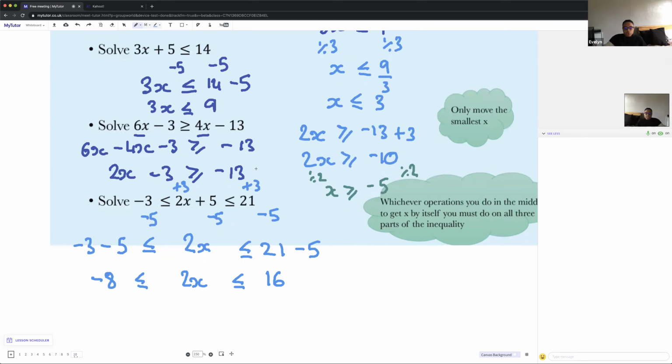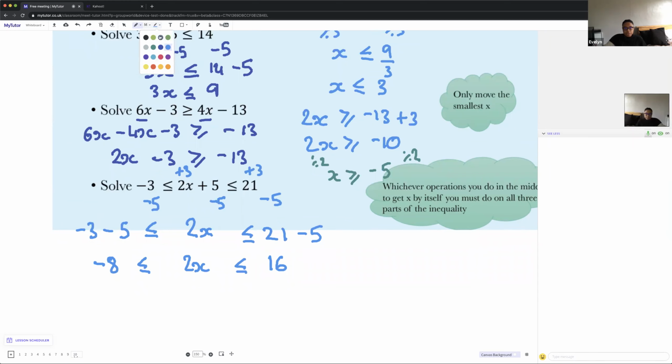Now, we still haven't got an x by itself yet, but to do that, we can divide by 2. If we divide by 2, we'll be left with x in the middle by itself. But remember, we have to divide by 2 on all sides of the inequality. So we're going to keep the inequality signs exactly the same, but minus 8 divided by 2 is minus 4. And 16 divided by 2 is 8.